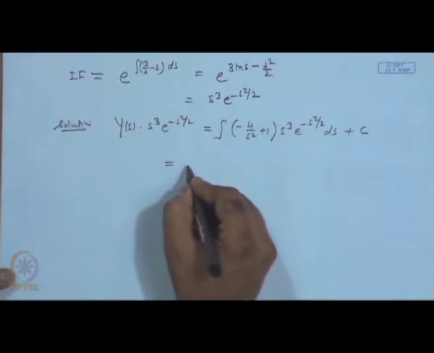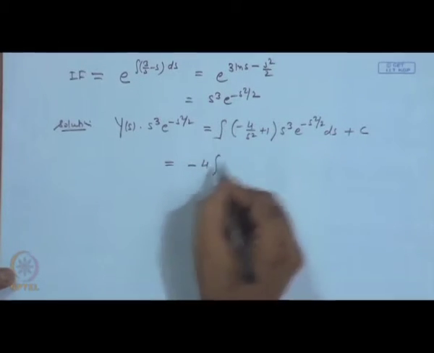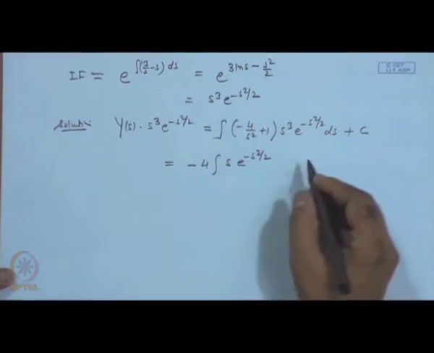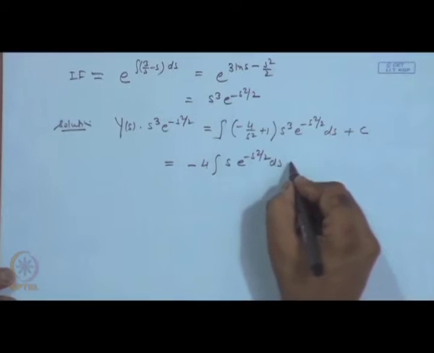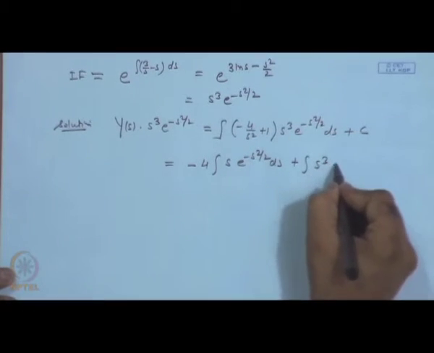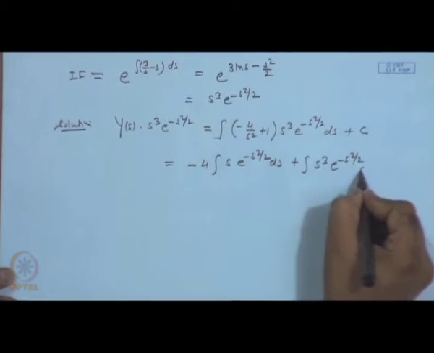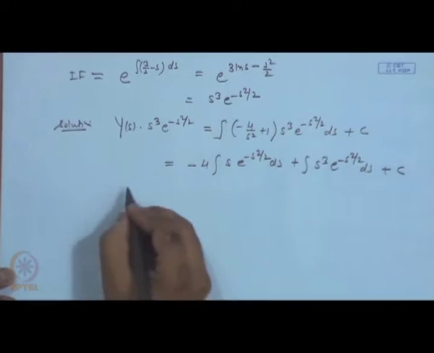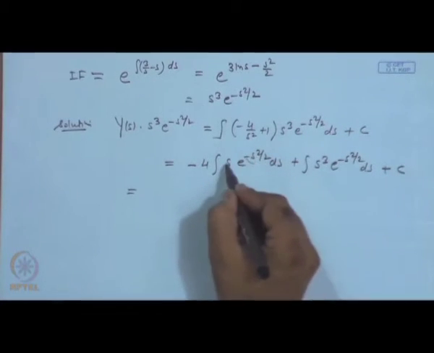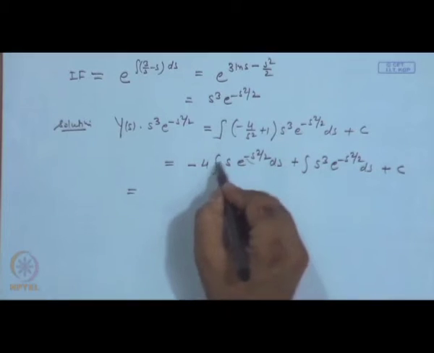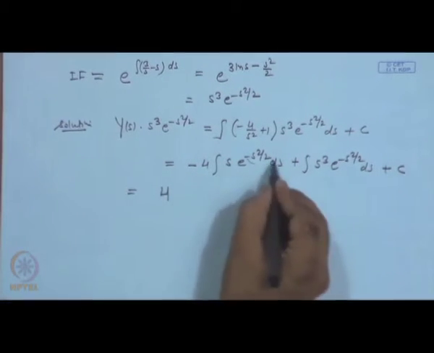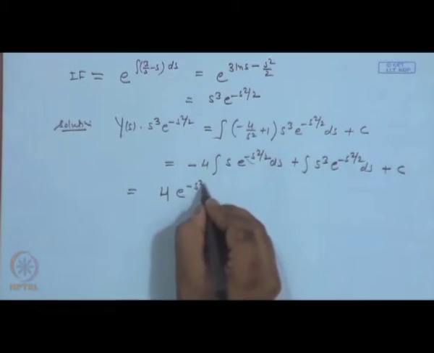We have minus 4 times s e minus s square by 2, the first term, then we have plus s cube e minus s square by 2 ds and a constant. This we can integrate because the differentiation of this is sitting here with a minus sign, we will adjust at this place.